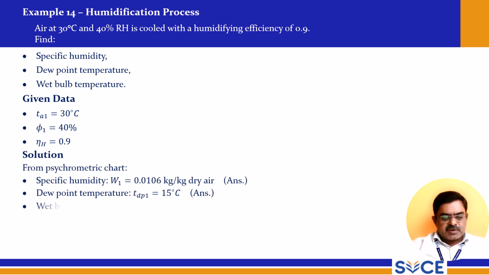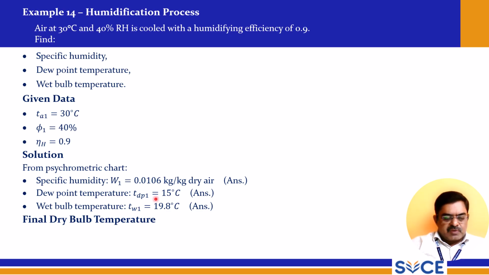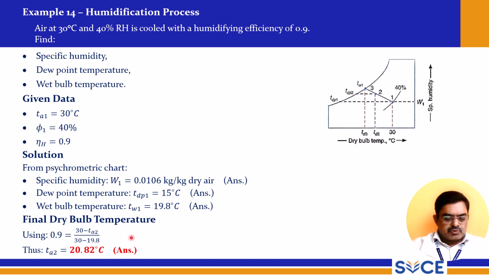In the psychrometric chart, DP1, W1 and TW1 can be found out. And the final dry bulb temperature, once we know these three, we can find out TA2. So substituting those values we are getting 20.82 as the TA2 value.